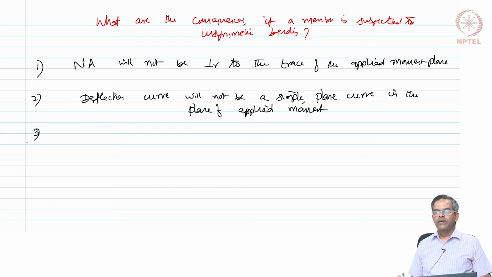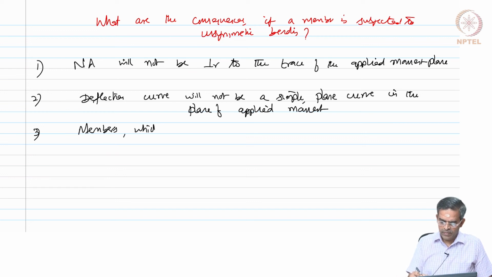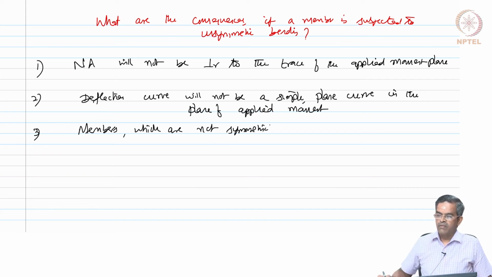Three, members which are not symmetric, because you may get members which are not symmetric in cross section.